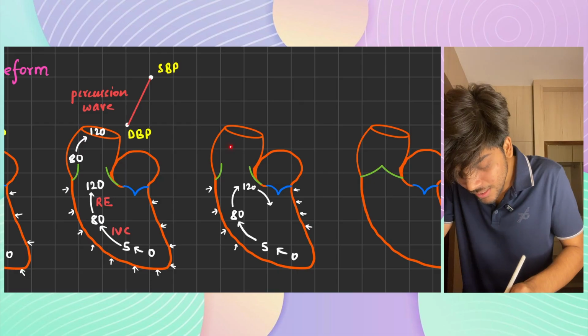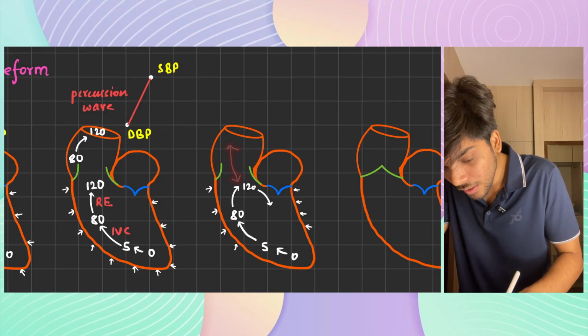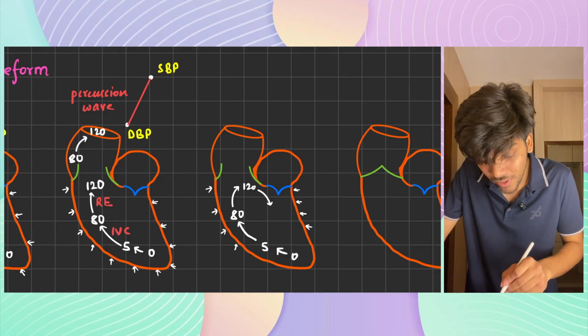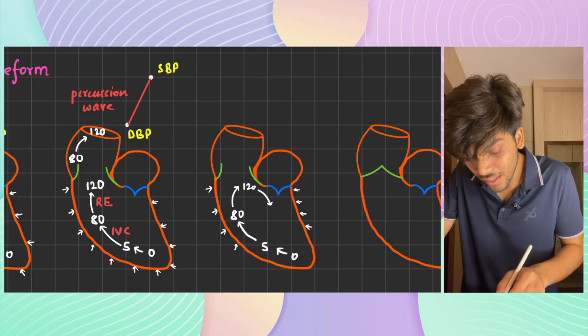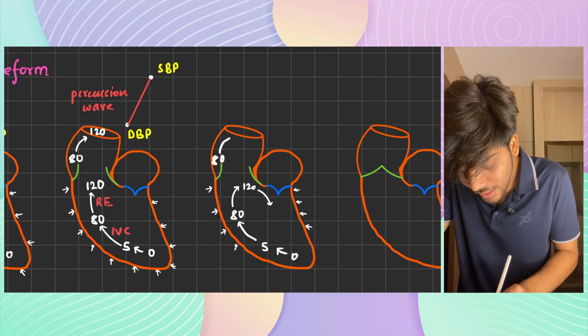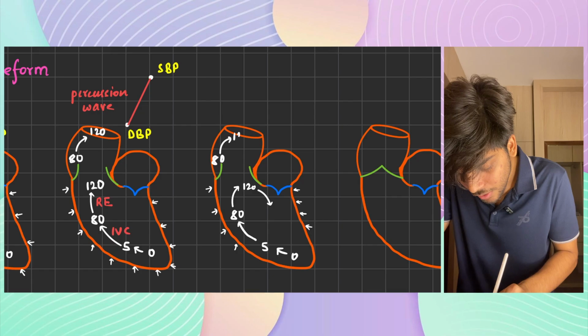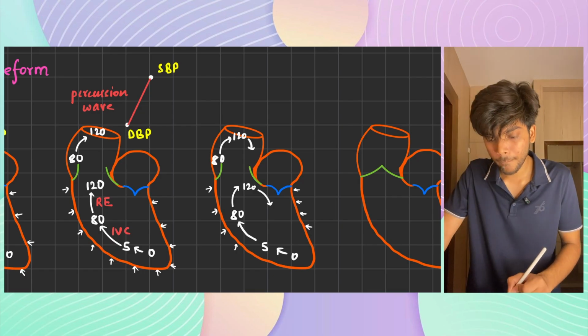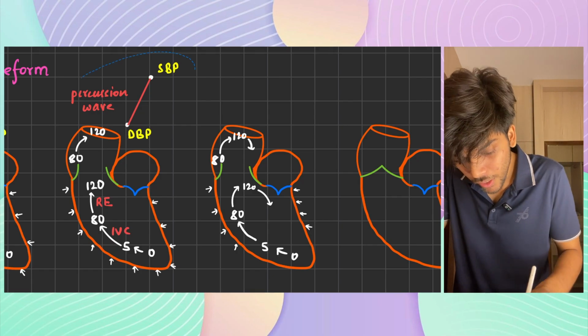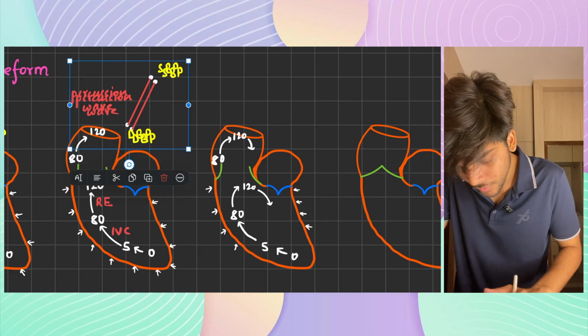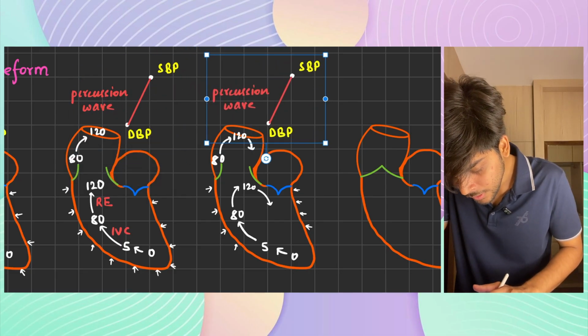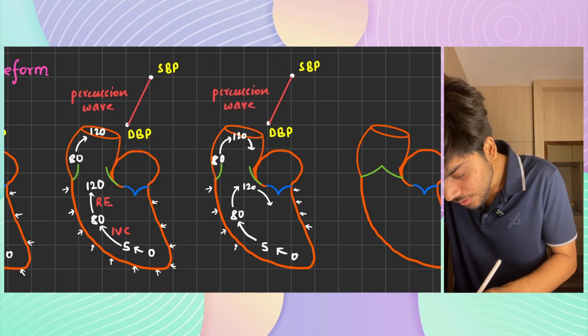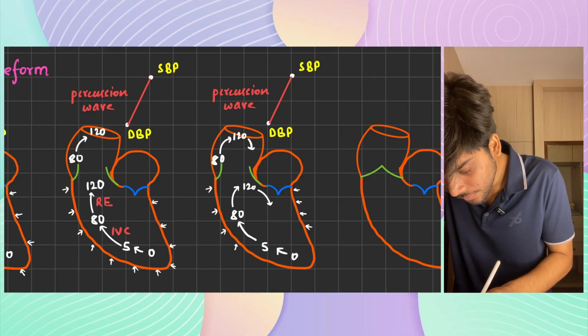The two systems are still in complete communication with one another, so the pressure change inside the ventricle is reflected inside the aorta. So here also the pressure starts to decrease. From 120, it starts falling down. So what do you get? You get this. Now the pressure starts to fall down.